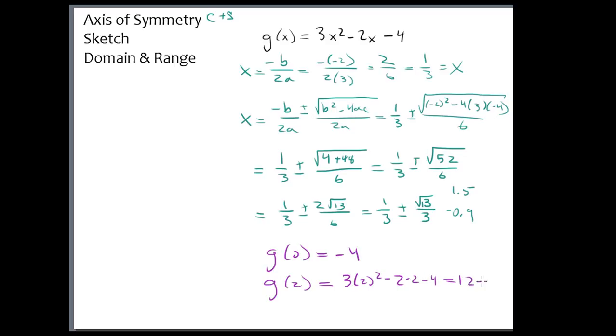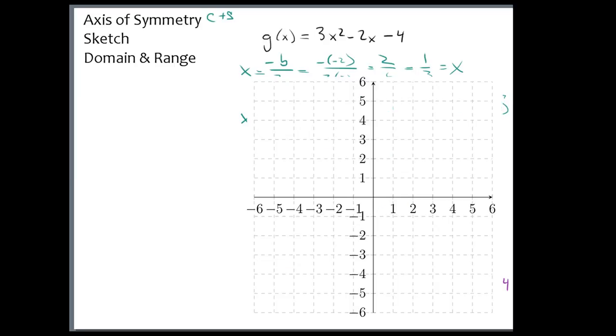So that's 12 minus 8 minus 4, or 4 minus 4. So that's... 4. Cool. So g of 0 is -4. g of 2 is 4. We've got some points. We know where the axis of symmetry is. We've got the domain. We're going to work on the domain and the range.